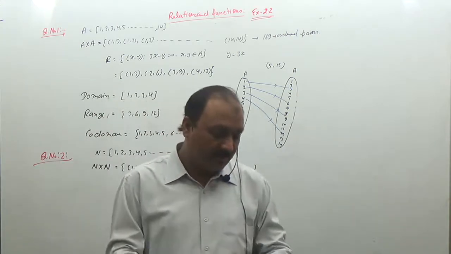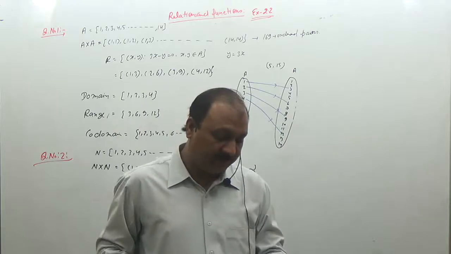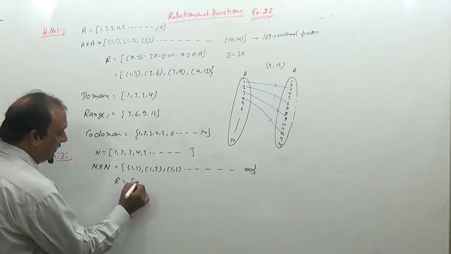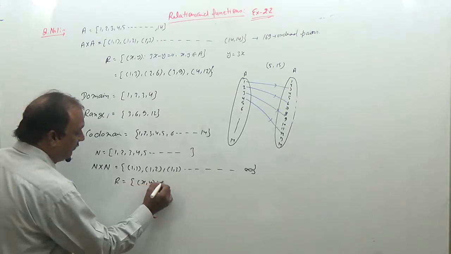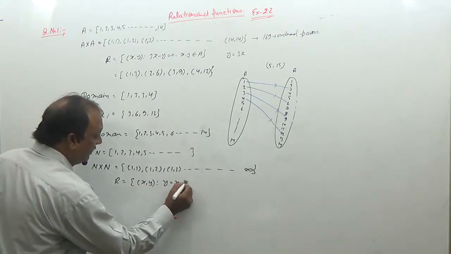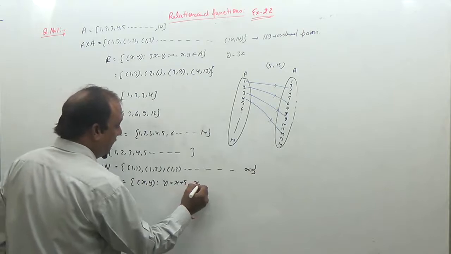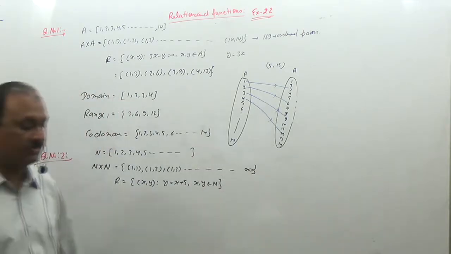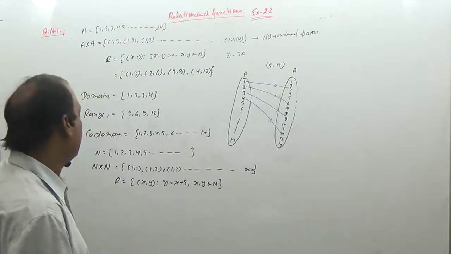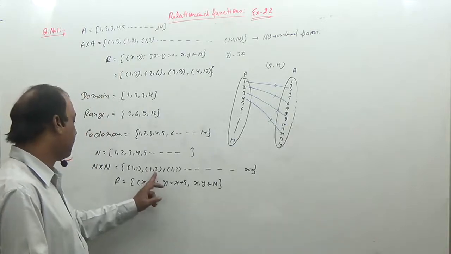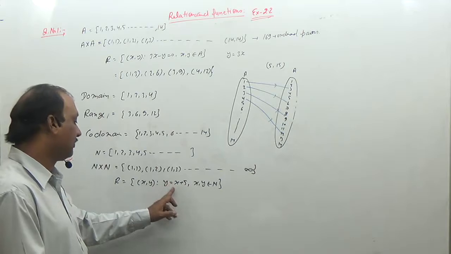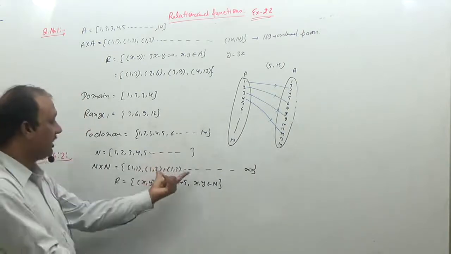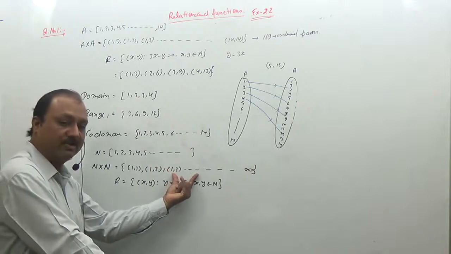Now, form a relation which is defined as: R is a relation which has ordered pairs (x, y) such that y is equal to x plus 5, where x and y are natural numbers. जहां पर x और y दोनों नेचुरल नंबर है, तो ये हमें डिफाइन किया है। So R is a relation which has the ordered pairs of N cross N and follows that y is equal to x plus 5, where x and y are natural numbers.